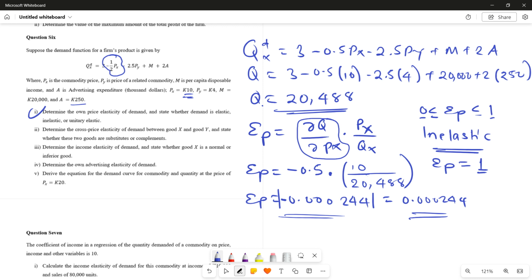Okay, and then the last possibility is a case where you have calculated your value of elasticity and it's higher than 1. Please, when I'm saying it's equal to 1, it's higher than 1, it lies between 0 and 1, I mean in absolute terms. After introducing the modulus, check your answer.